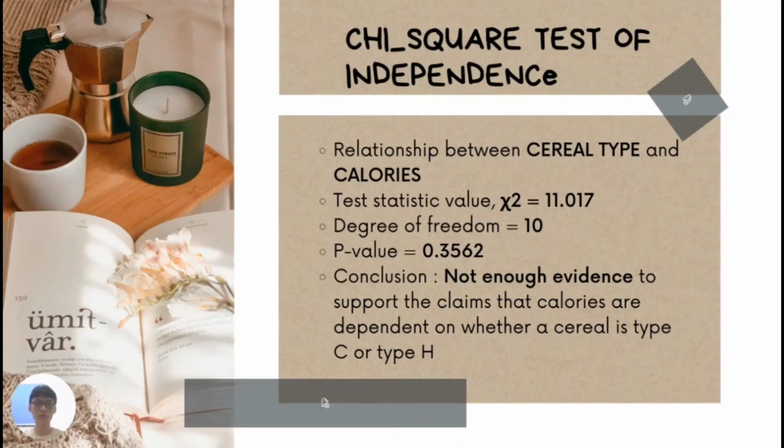The degree of freedom is 10 and the p-value is 0.3562. Since the p-value is greater than 0.05, we fail to reject the null hypothesis. So there is not enough evidence to support the claim that calories are dependent on whether a cereal is type C or type H.